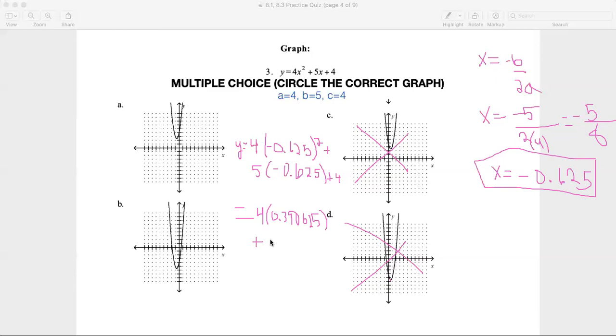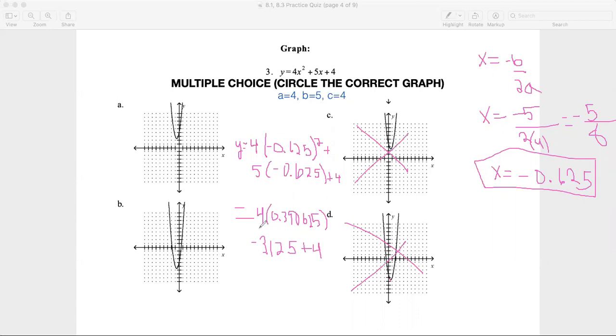Okay, so 5 times negative 0.625. So that actually turns into a minus 3.125 and then plus 4.